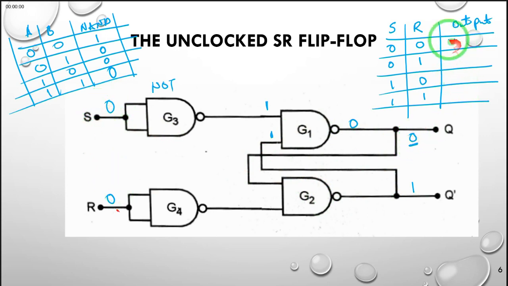So if the initial state was 0, it remains as 0. Let's see the other possibility: if output was 1 and therefore the Q bar was 0, we would then have this 0 come in here, and our S is still at 0, so our output of G3 is a 1. What we will be feeding to our G1 is now 1, 0.